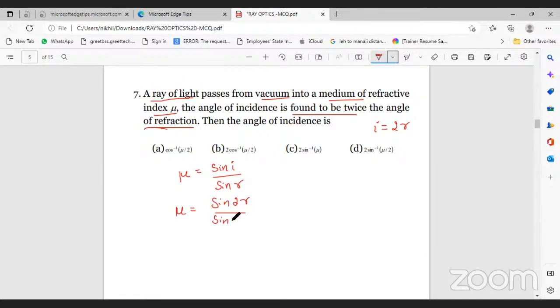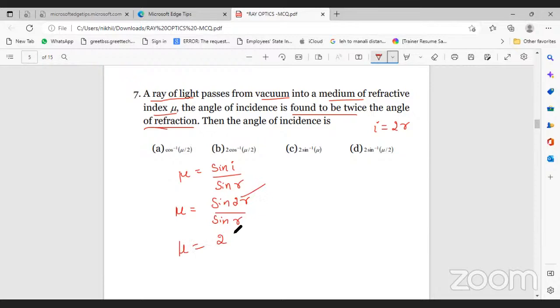Whole thing divided by what? Sine r. They have given the condition that i is equal to 2r. You know the formula for sine 2r?